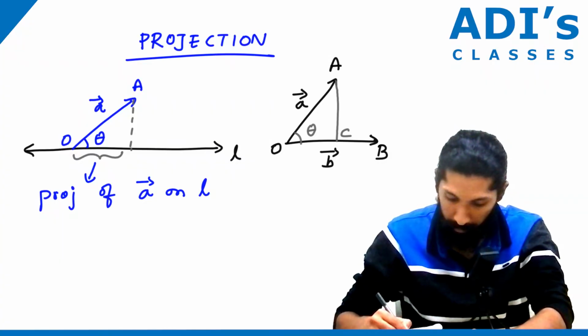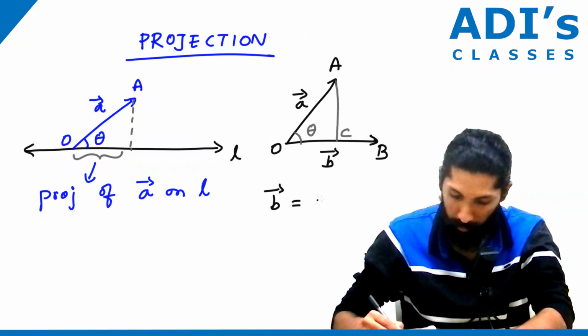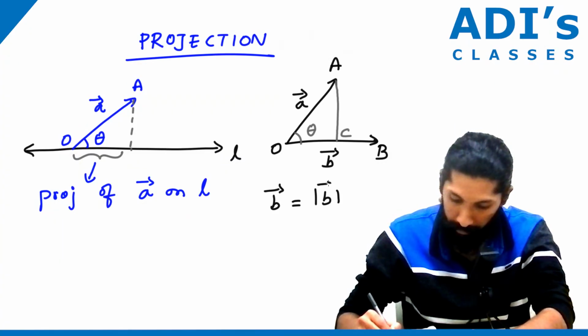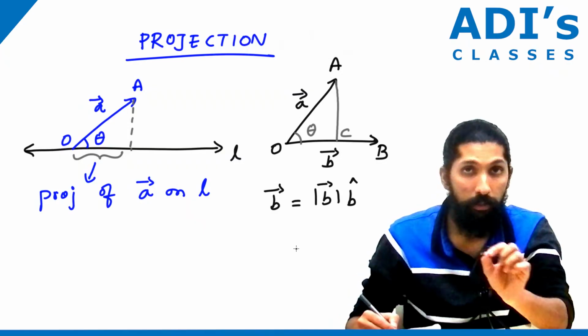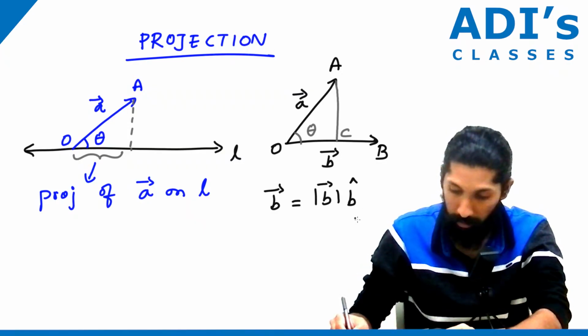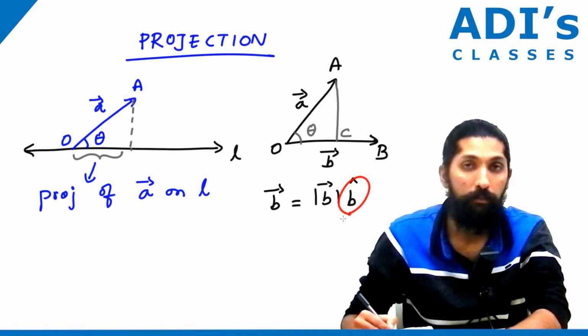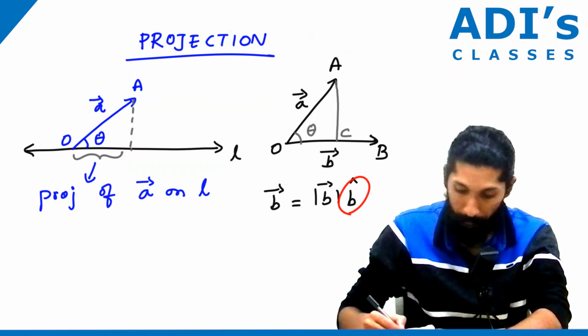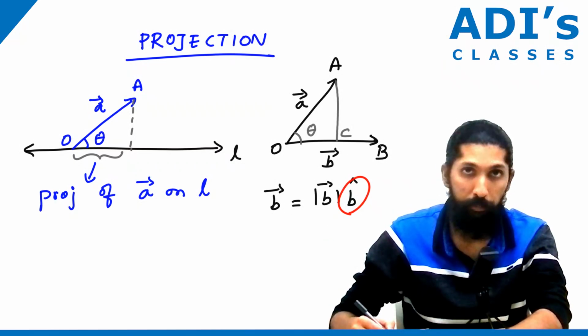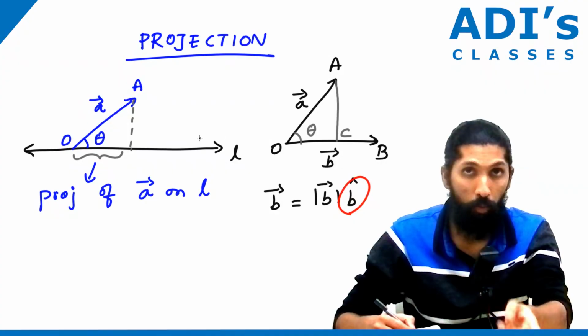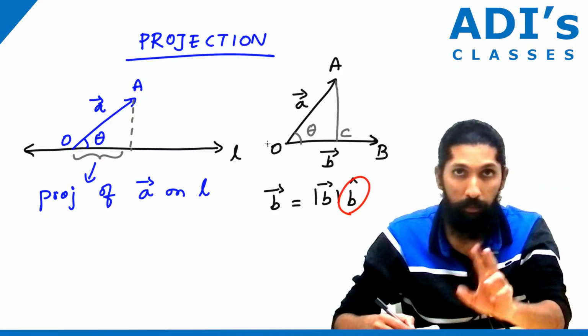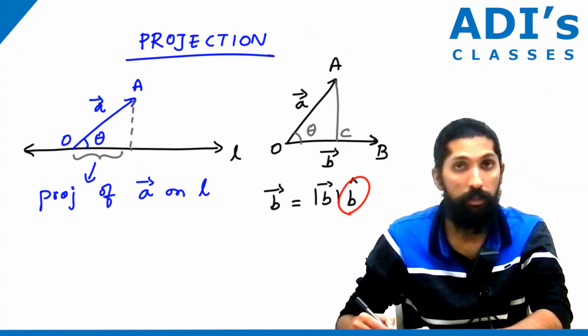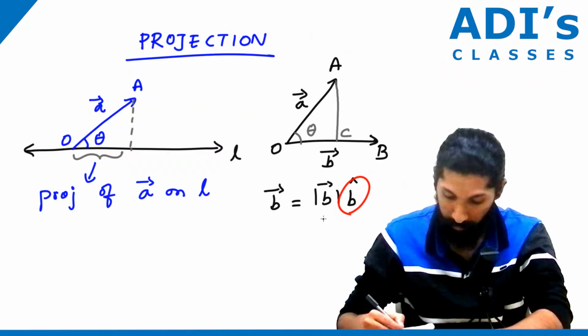See, vector B can be written as what? Vector B is equal to mod of B into B cap. Here the direction is given by what? Its direction is given by B cap, isn't it? So the direction of vector B, or you can say the direction of OB and OC, in both cases the direction is nothing but B cap itself, correct?